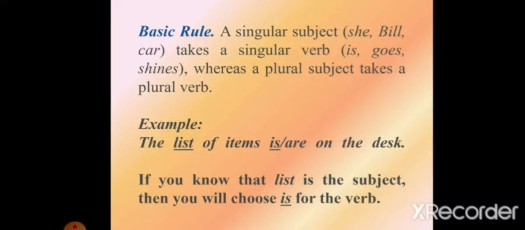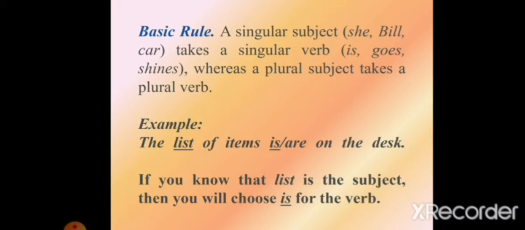What is the subject here in this line? The list of items. Whether you should use is or are on the desk. So how will you find out? The list of items is on the desk because the list is a singular subject. List is the subject here.